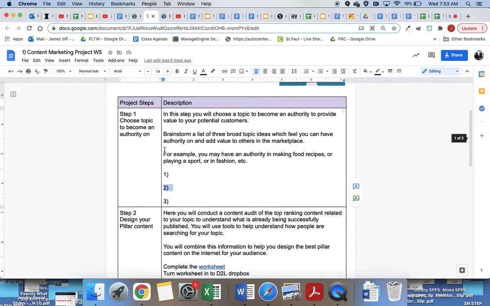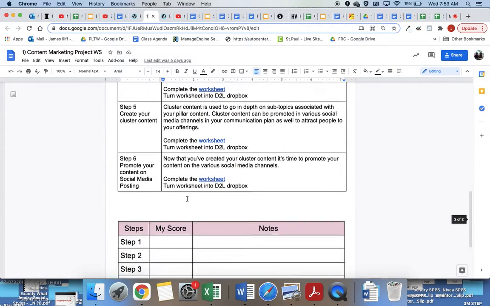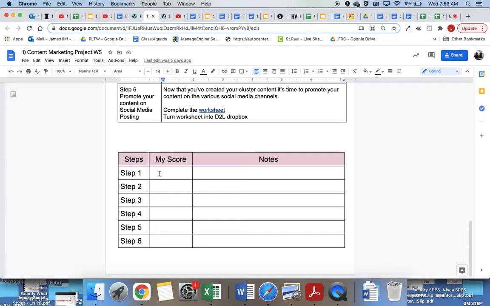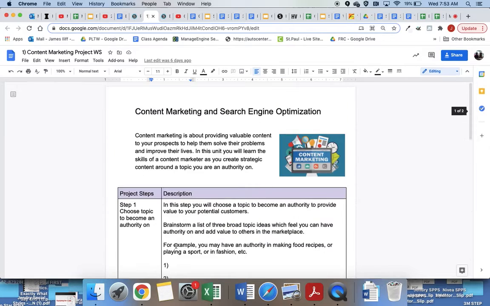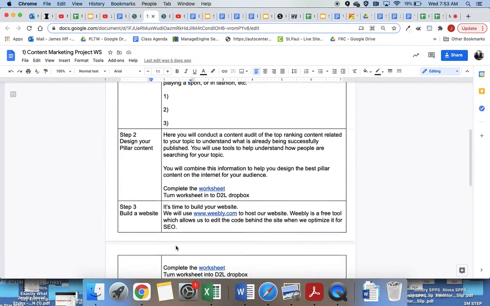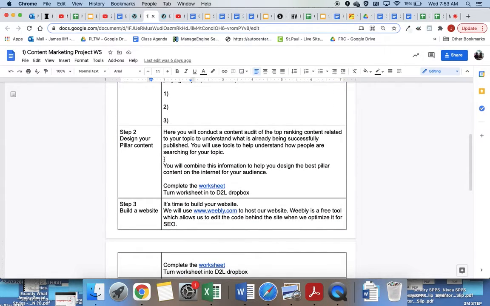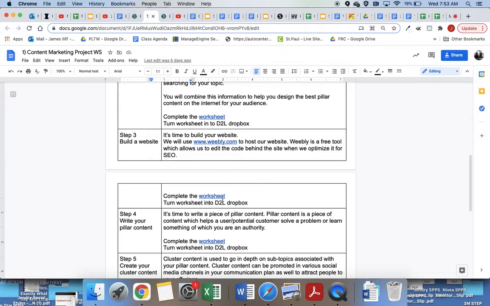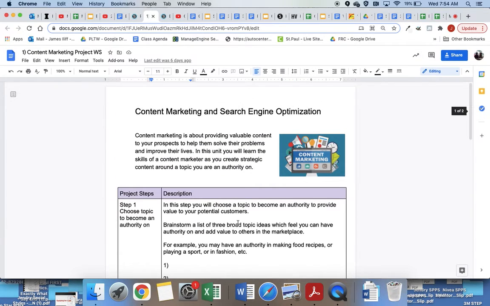This part is worth 50 points, and you'll see it. And I have a little spot down here for you where you can keep track of all of your scores throughout the week, because week 2, there's a worksheet here when you design your pillar content, etc., etc. And you're going to turn that into D2L, week 3, etc. So long story short, guys, this is what's due this week.